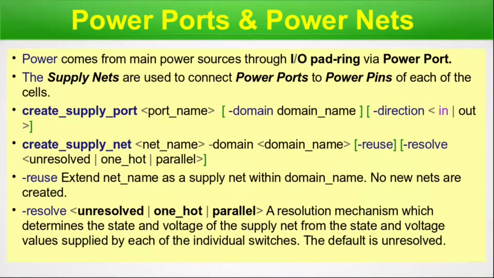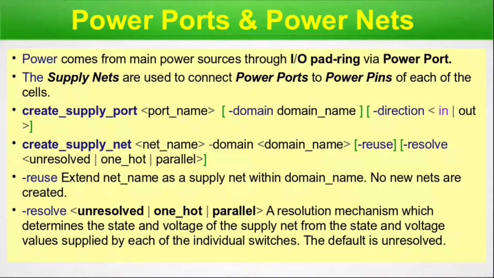Next, the resolve one. This resolve is the resolution mechanism which determines the state and the voltage of the supply net from the state and voltage values supplied by each of the individual switches. Default is unresolved. So this resolution means that when a supply net is created, how much it is driving. If it is unresolved, that means nothing is properly mentioned. One hot means this supply net is acting like a multiplexer.